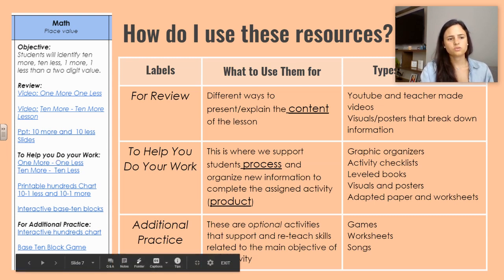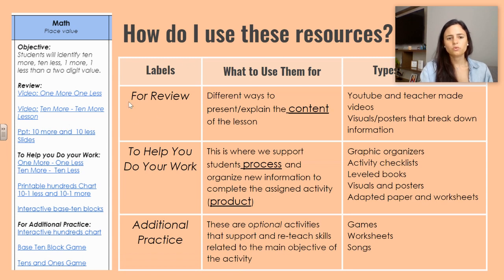All of the resources under review are resources that you can use to represent the content or the lesson to your child. Say the teacher showed a video to present the activity. There you can find some other videos and maybe a PowerPoint or some other visuals to review the lesson.